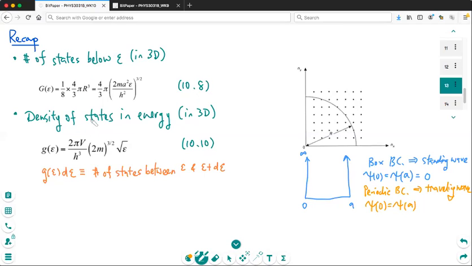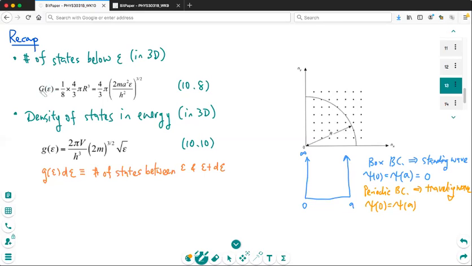Okay, so coming back to the box boundary condition, which we'll be using for this chapter, you probably remember this is the number of states below a fixed energy E or epsilon.